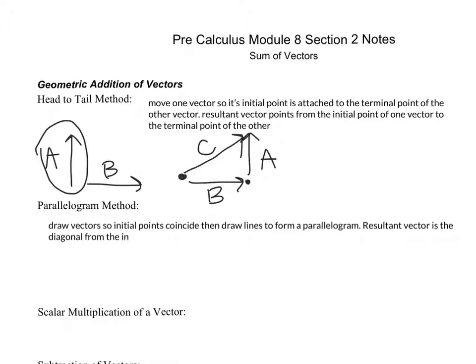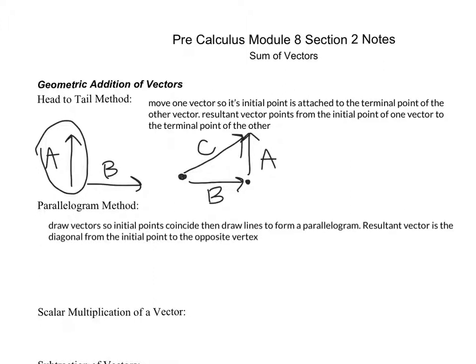from the initial point to the opposite vertex. And similar to the previous example, I am going to show you what this means with a picture.